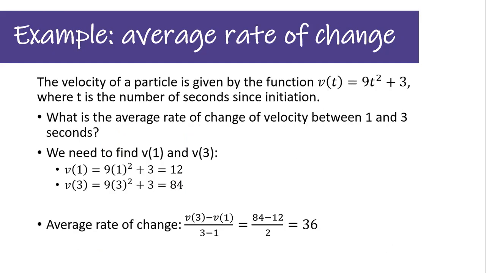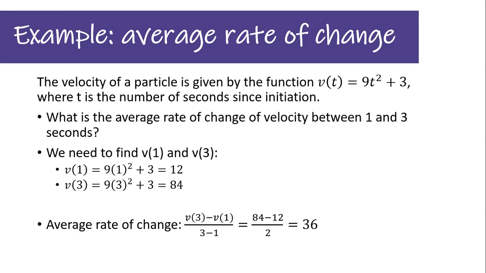Let's consider an example here. The velocity of a particle is given by the function v of t equals 9t squared plus 3, where t is the number of seconds since initiation. So you want to know the average rate of change of velocity between 1 and 3 seconds. So where t equals 1 and where t equals 3.